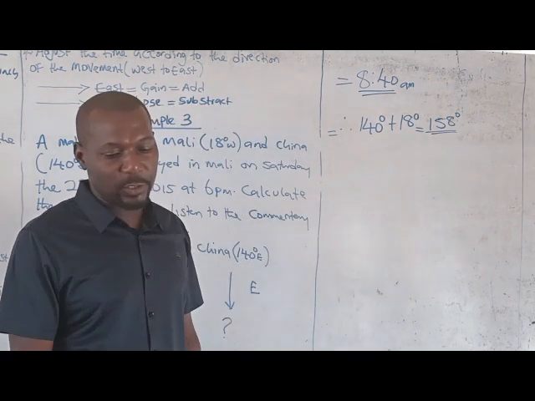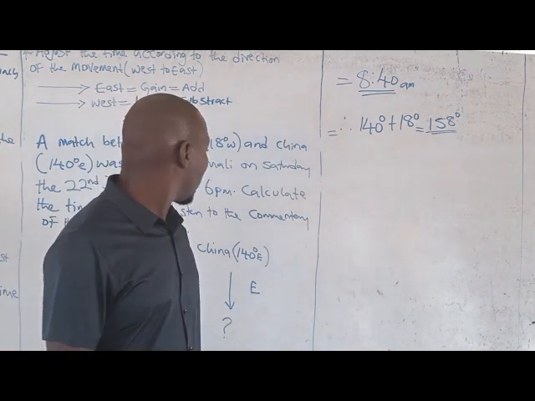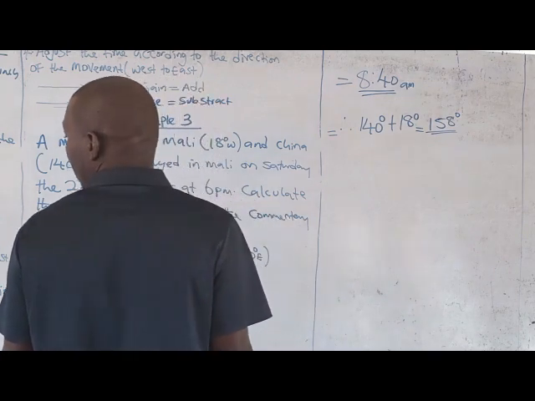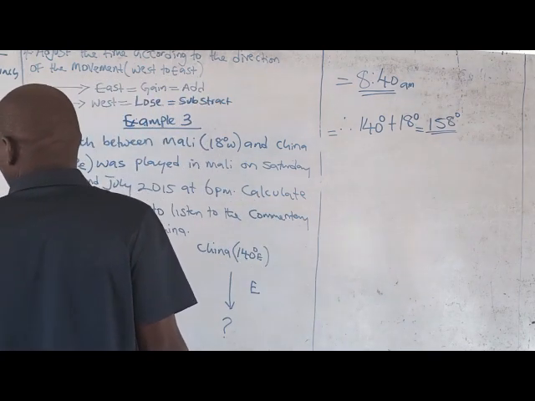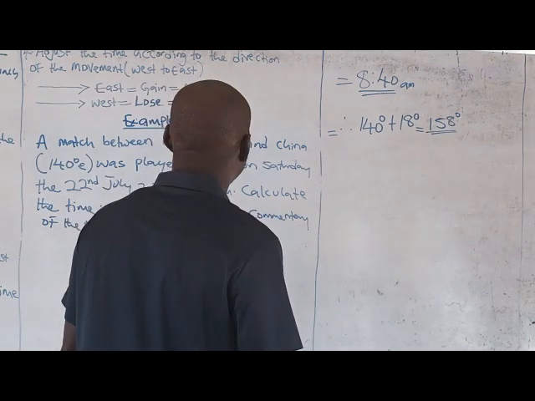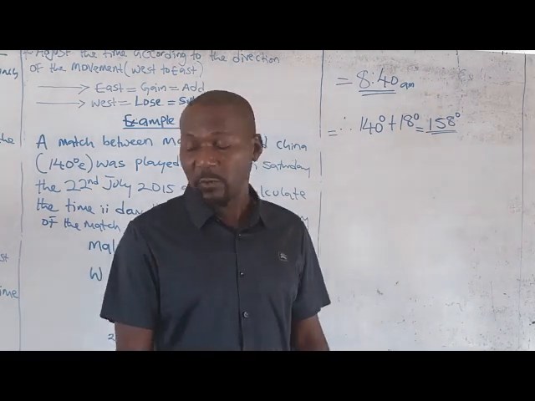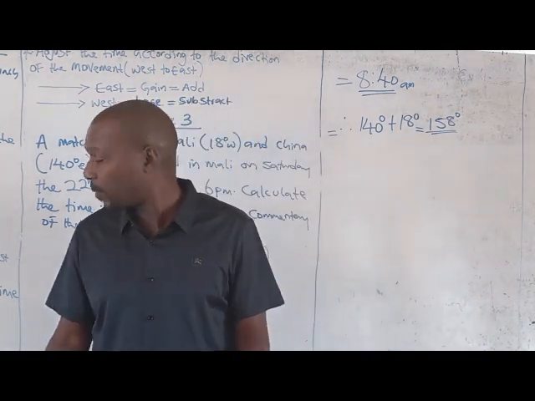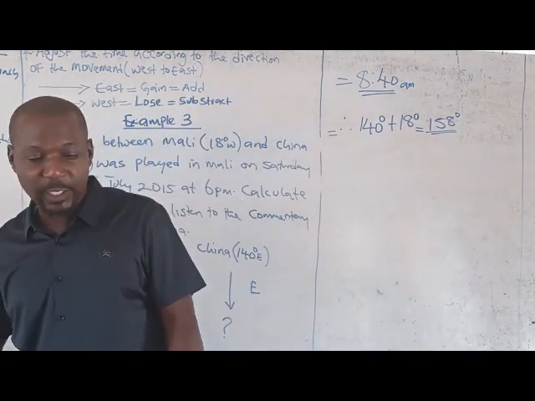So now let's quickly go to rule 3. We have to convert the longitude difference to time. And how do we convert the longitude difference to time? Let's not forget, we say 15 degrees is 1 hour.